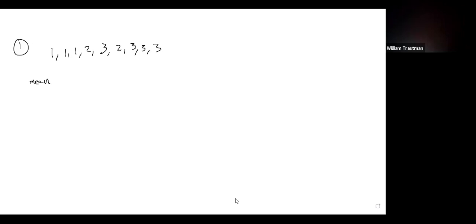I'm just going to label it as L1. Then I'm going to enter in this data: 1, 1, 1, 2, 3, 2, 3, 3, 3. I'll give you a second to enter in the data.